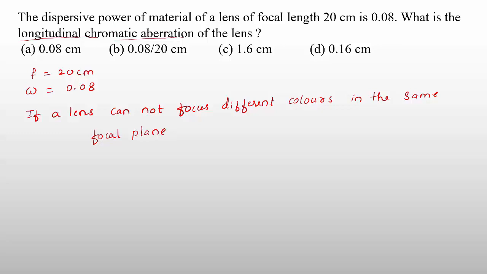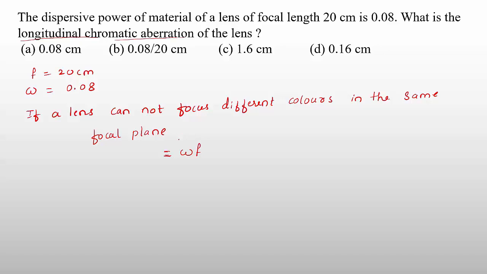So this equation is given by focal length into dispersive power, that is omega into F. This equation you have to remember. So what is longitudinal chromatic aberration? If a lens cannot focus different colors of light in the same focal plane.